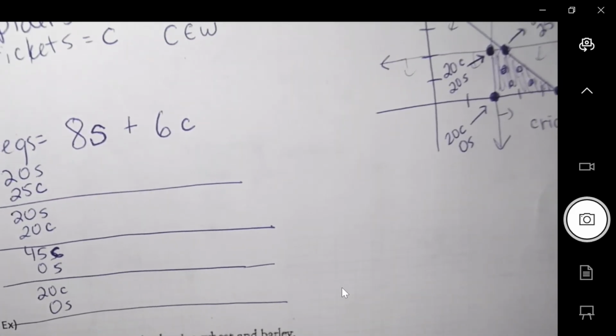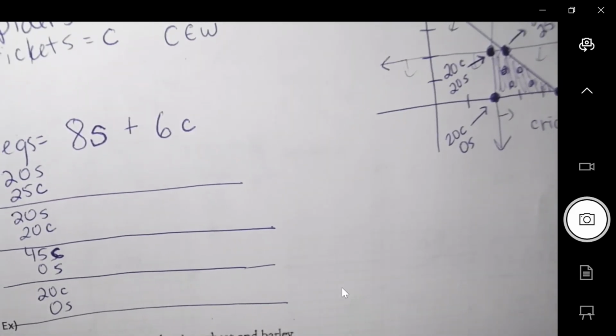Okay, so those are the 4 coordinates that we picked out from our graph.